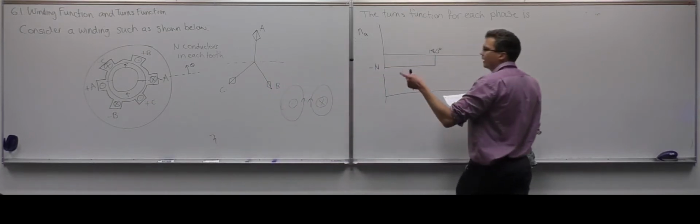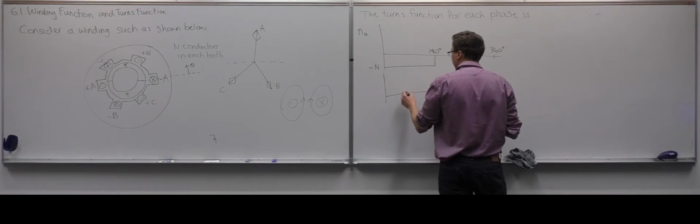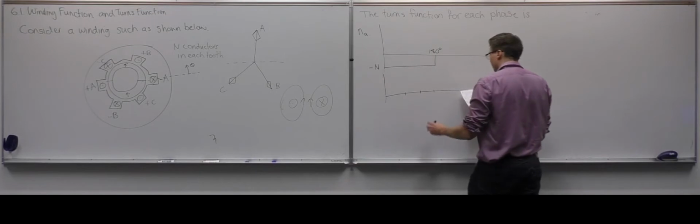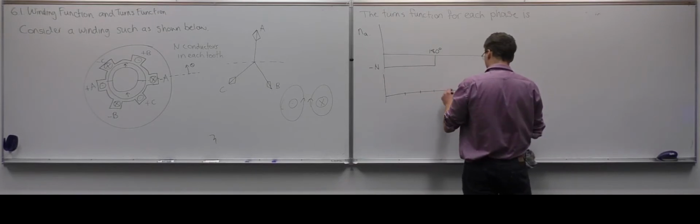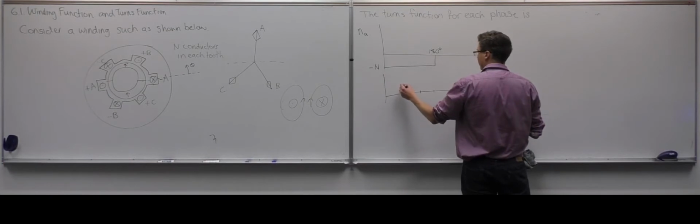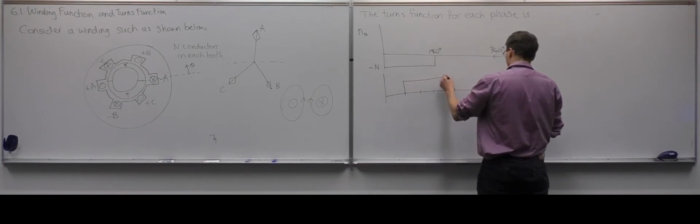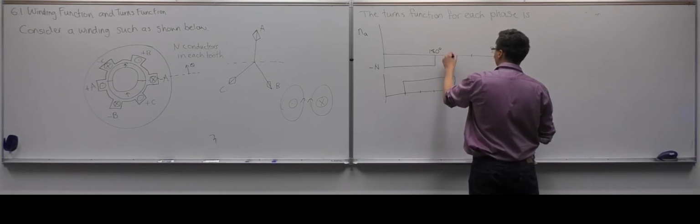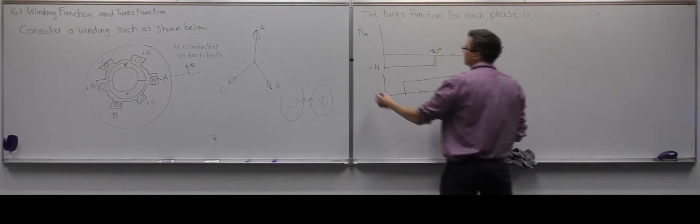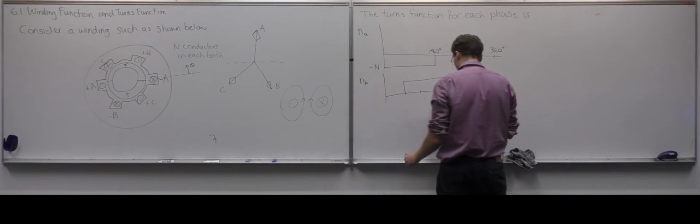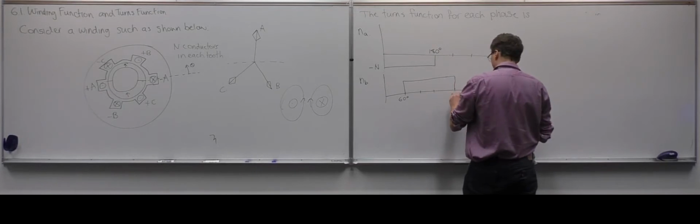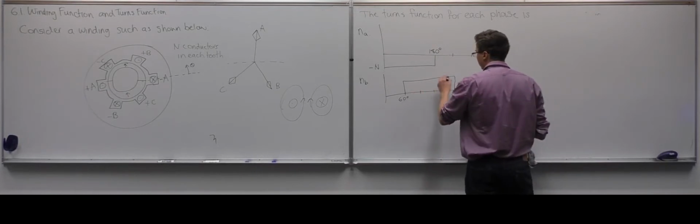It's coming out, so it's plus. Again, this is just giving the physical location of the conductors. So we have it coming out and then going back across, like so. So this would be n for B. This would be at 60 degrees, and this is 240 degrees. This should be a straight line here.